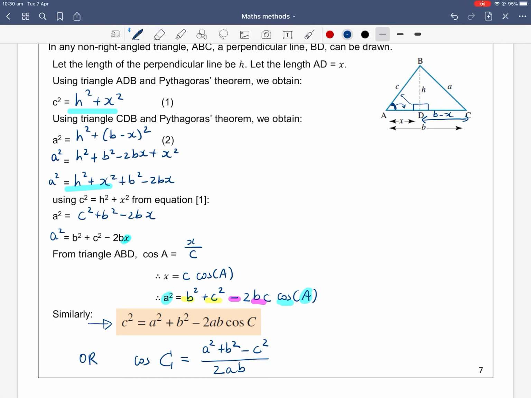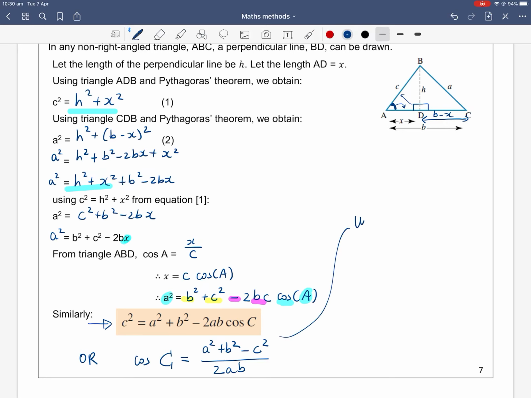So I prefer to memorize the cos C version, or you can see the textbook, which gives you the c squared version in the box there. Again, the way I remember it, the cosine of the angle which I'm interested in, C, is the sum of the other two sides, a squared plus b squared, but I take away my side, c squared, and I'm dividing by twice the product of the other two sides.